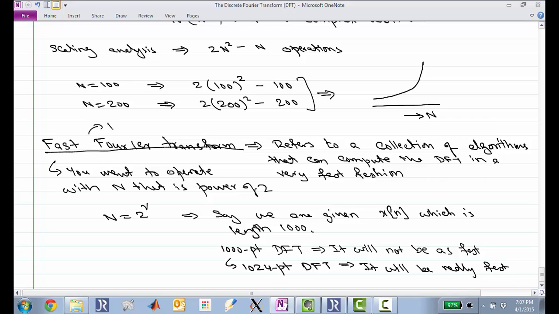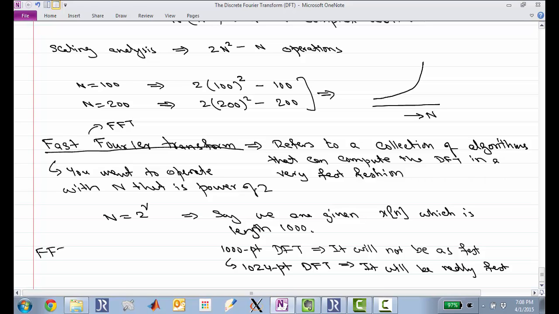So fast Fourier transform, it's abbreviated as FFT. People use DFT and FFT interchangeably. In reality, they are not interchangeable. DFT is the transform, and FFT is the algorithm that helps you compute that transform in a very fast fashion. Okay? Now, how fast?